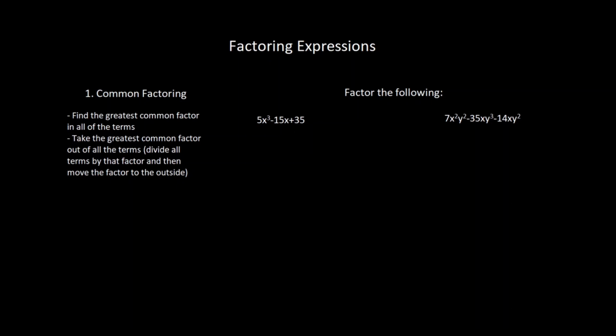To do this, you need to first determine the greatest common factor of all the terms, or the GCF, and then move that factor to the outside by dividing all the terms by that factor. Let's do an example. 5x cubed minus 15x plus 35. The greatest common factor between these terms is 5, so we move 5 to the outside.